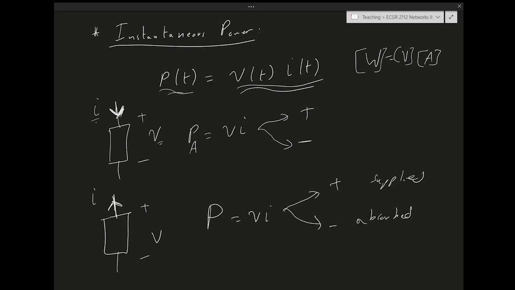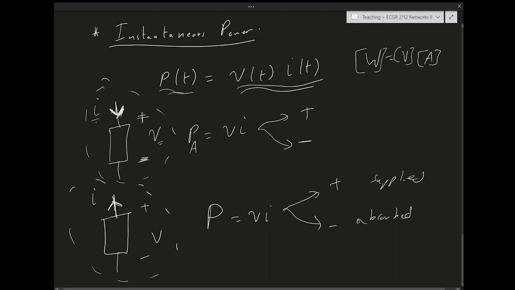So what determines when power is absorbed or supplied by an element is not just the sign of the power. It's the sign of the calculated power plus the sign convention in the circuit schematic. How does the polarity of V relate to the direction of I?